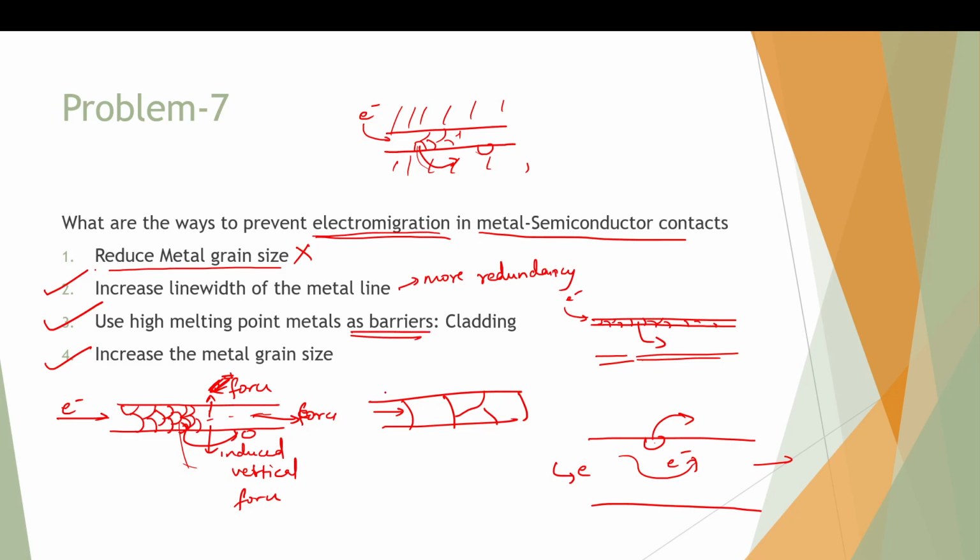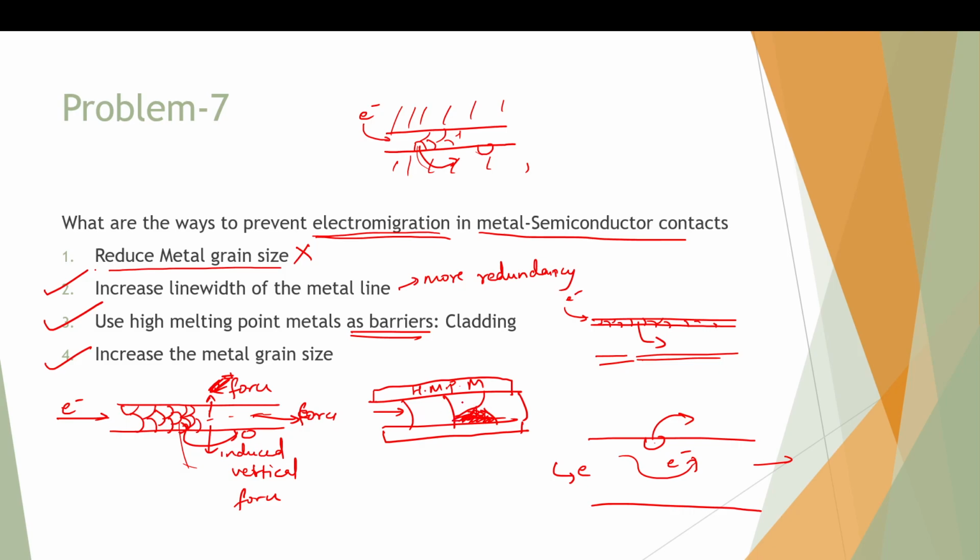What we can do is have a barrier layer, a high melting point material barrier layer on top and bottom. Suppose one of these grains gets knocked off, so this part is empty.